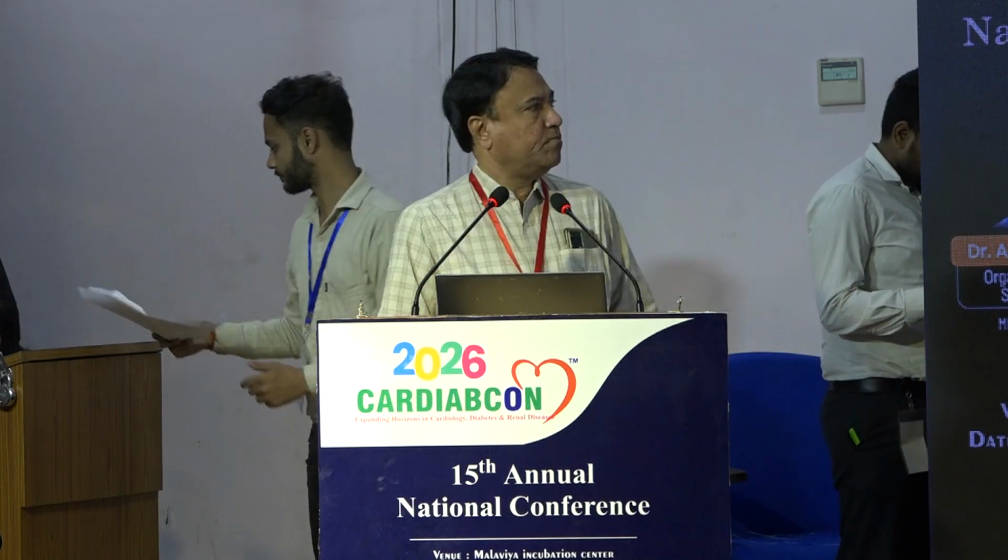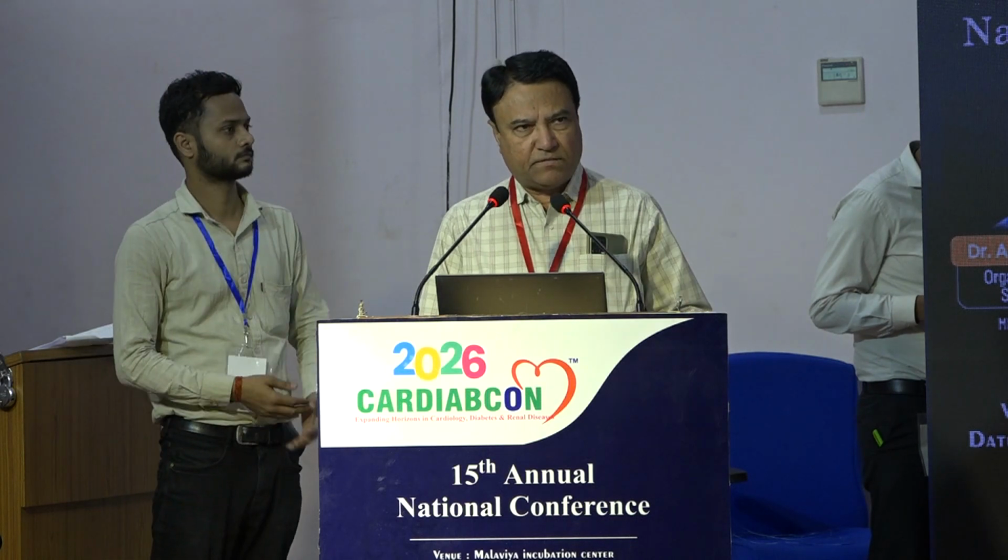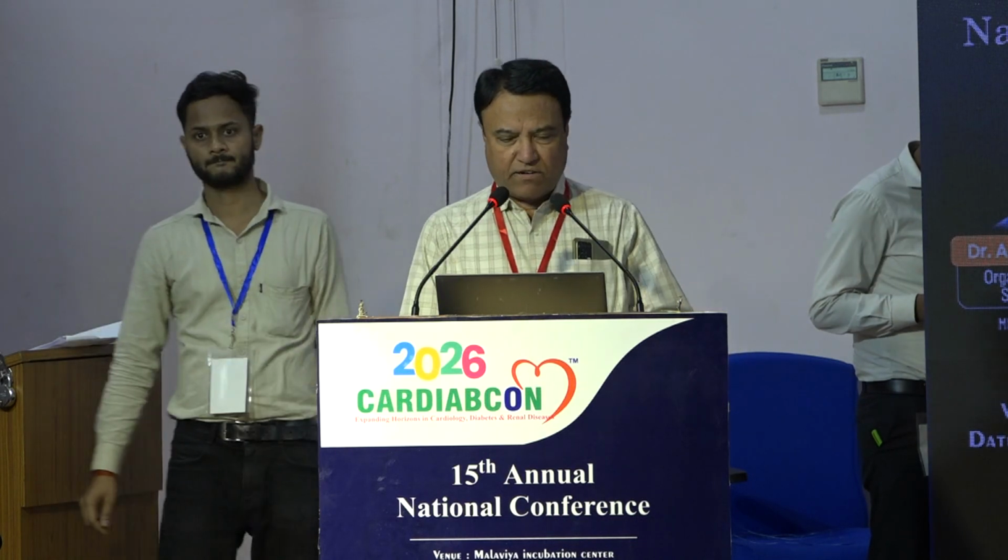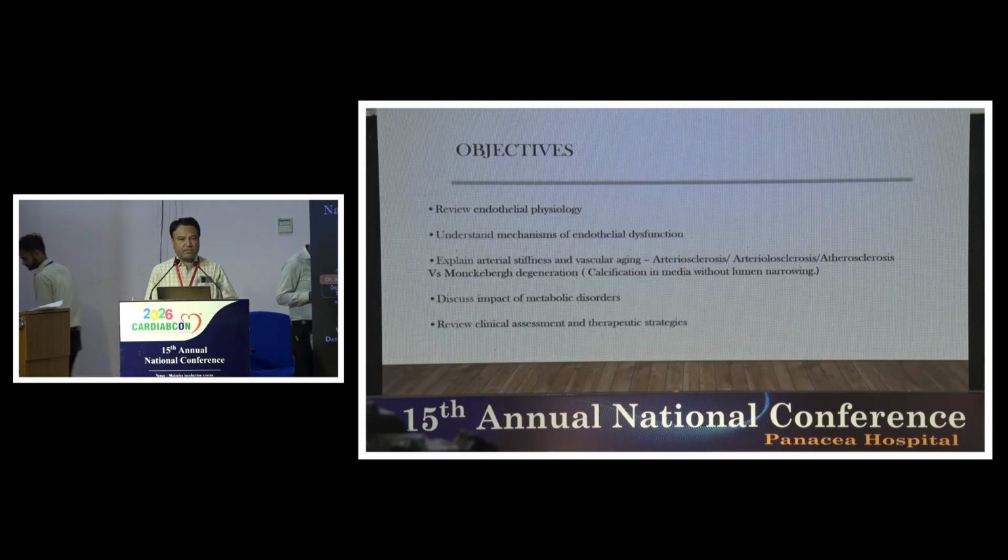Okay. So endothelial function, we know the endothelium is a lining in our arteries, arterioles and capillaries, having a very big surface area. So my objective here is to go through the endothelial physiology, the mechanism of endothelial dysfunction, which would be purely molecular basis, and arterial stiffness.